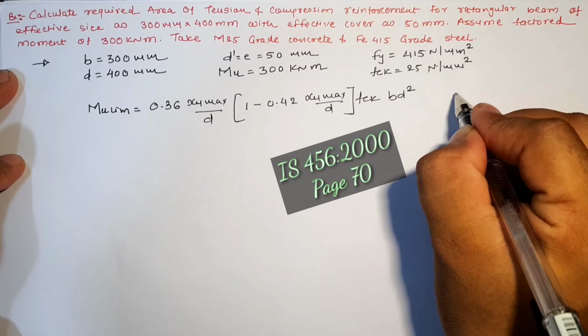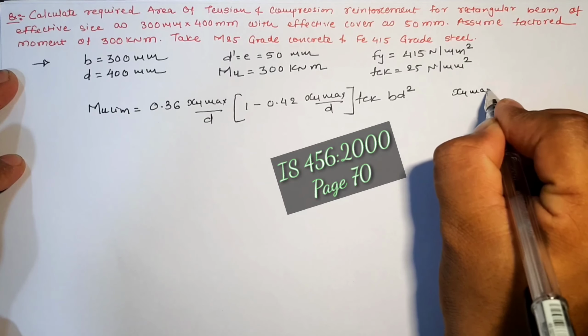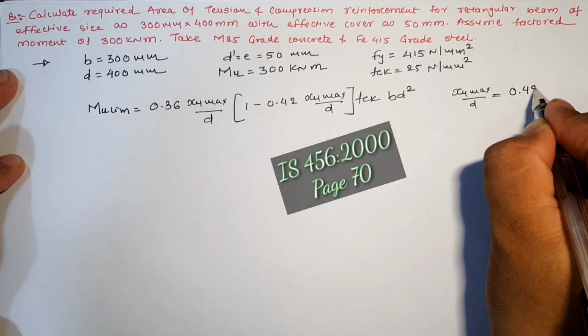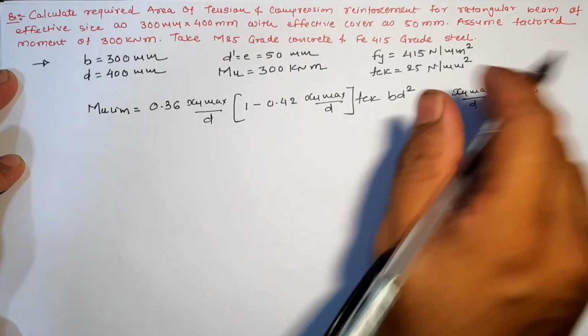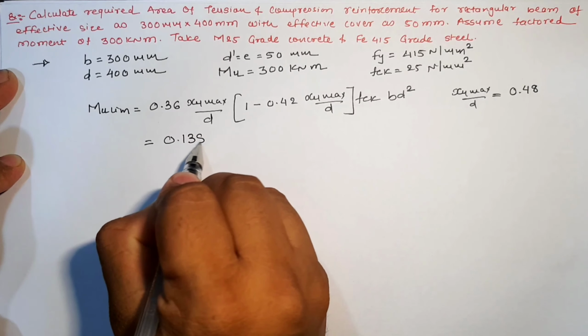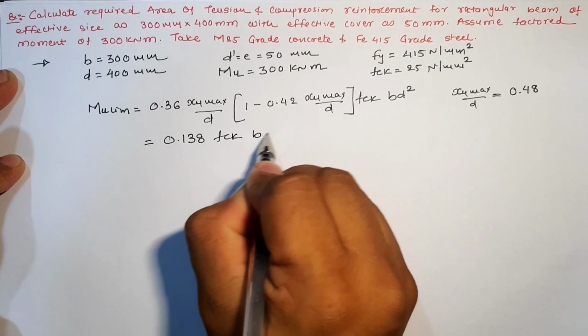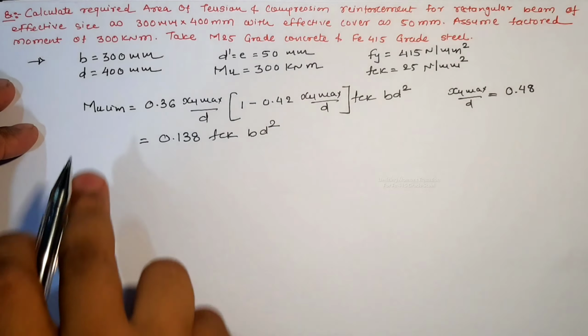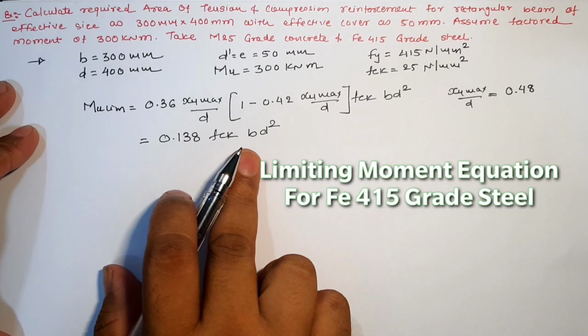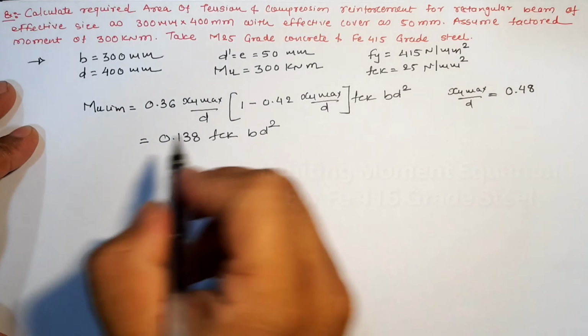From page number 70, we have Xu max by d for Fe415 as 0.48. So if we put 0.48 in this equation it becomes 0.138 fck b d square. So we can use the equation of Mu limiting as 0.138 fck b d square for Fe415.